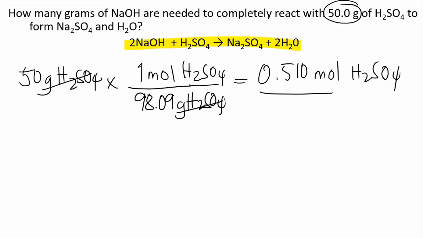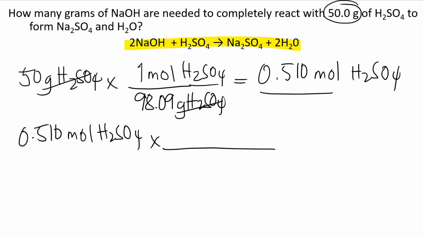Now, we have now a mole. Pwede na natin gamitin yung mole-to-mole conversion. 0.510 mole of H2SO4. Ang gusto nating ilagay dito ay mole ratio ng sulfuric acid at ng sodium hydroxide. Okay? Mole ratio. So, tingnan natin yung ating balance equation.